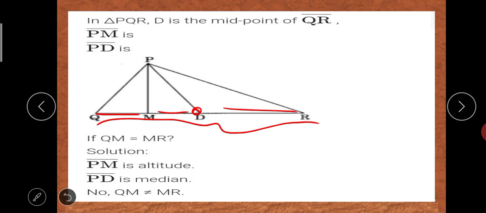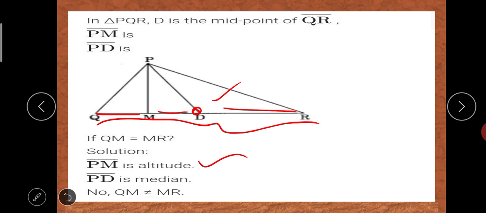PM, from P to M, is an altitude and PD is a median. We already studied the median and altitude: the altitude forms 90 degrees, and the median goes to the midpoint of the line segment opposite the vertex. So no, it is not like that.